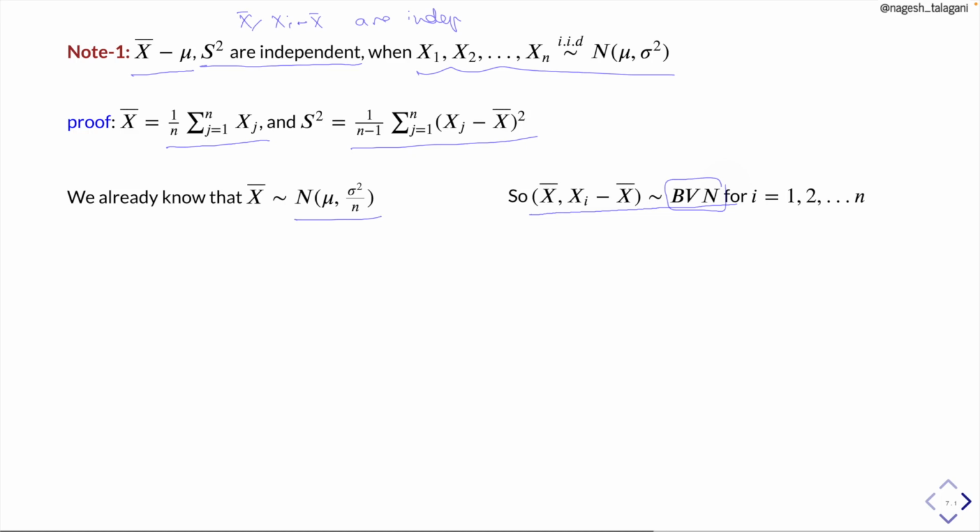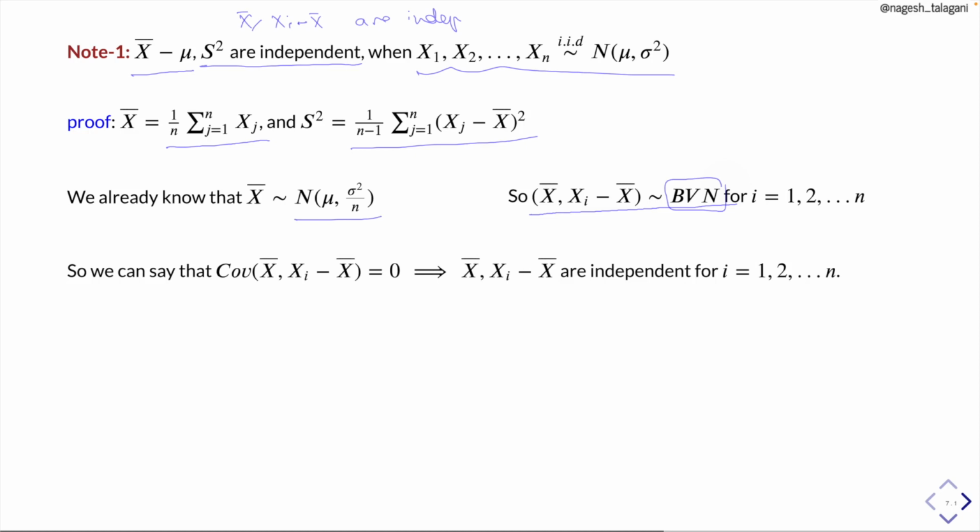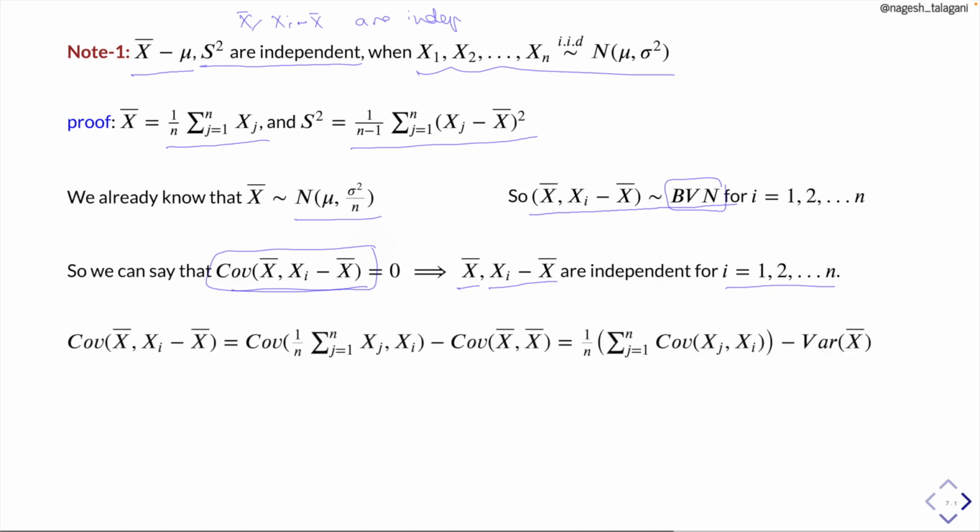So we can say that covariance of x bar comma xi minus x bar equal to 0 implies x bar and xi minus x bar are independent for all i equal to 1 to n. So now I'll try and show the covariance of x bar comma xi minus x bar equal to 0 for all i. Now let me look at covariance of x bar comma xi minus x bar.